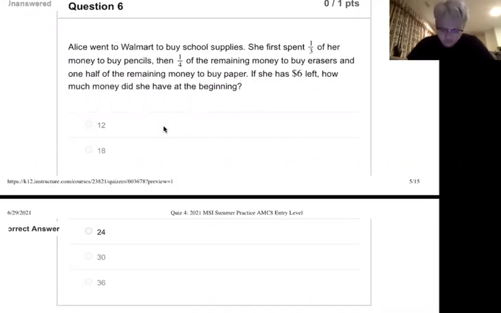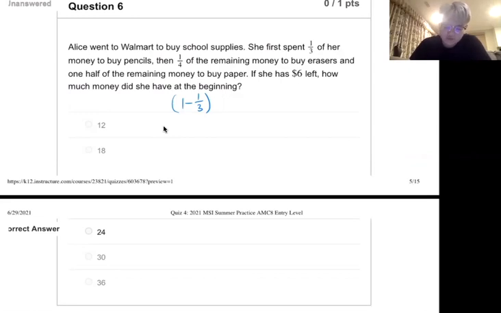So we first look at the money left after she bought the pencils. She spent 1/3 and she will have 2/3 left, right? So 1 minus 1/3. Then 1/4 of the remaining money to buy erasers.